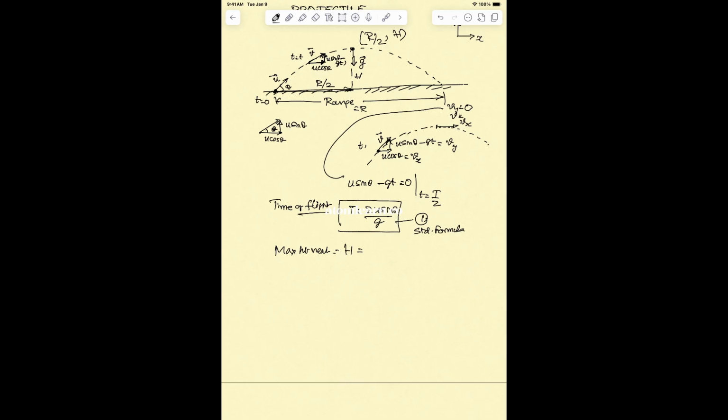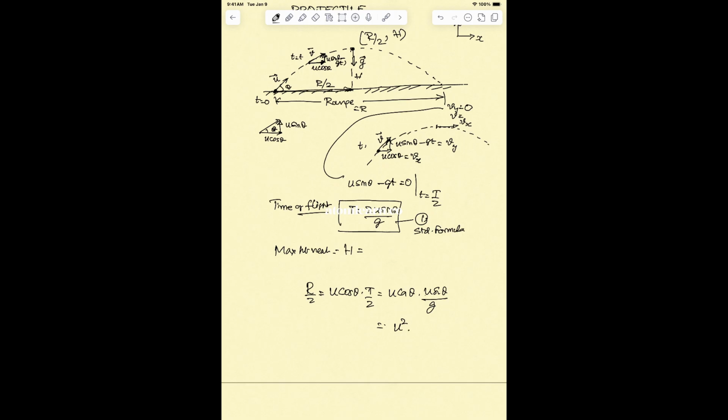Therefore, R by 2 is nothing but the constant velocity, which was u cos theta, into the time to reach that maximum height, which is T by 2, which is u cos theta into 2u sin theta by g divided by 2, which becomes u sin theta by g. Therefore, this is u square sin theta cos theta by g.